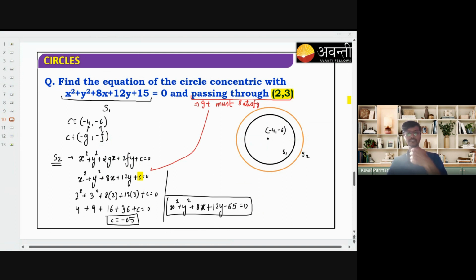Is it clear? Should we move on to the next sum? Oh, someone else joined. Hello, beta. Good evening. Oh, Jhansi Rani said, sorry, sir, our school time is over. I'm not allowed to continue.